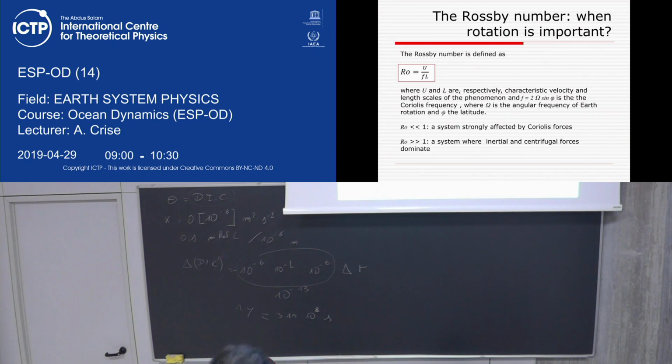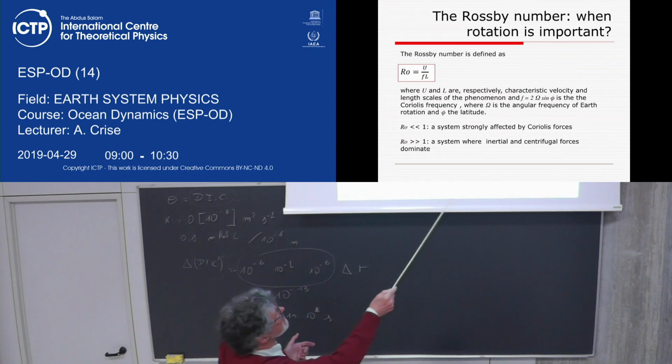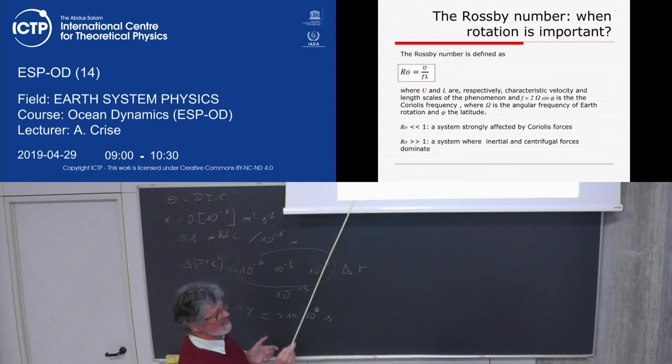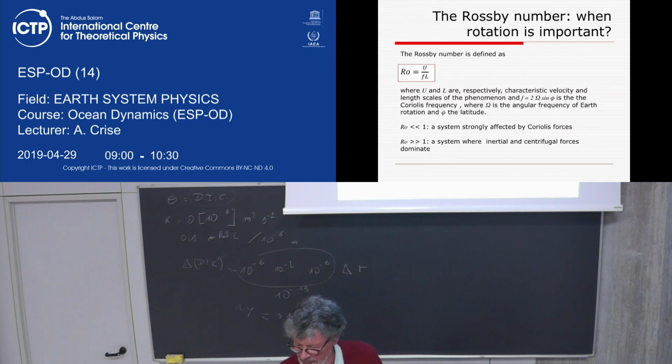And this is a problem. This is the moment in which the physicist plays his role or her role here, because mathematically this has no sense. Which is the characteristic velocity? Which is the characteristic length scale? It's something which, from a mathematical point of view, has no sense.